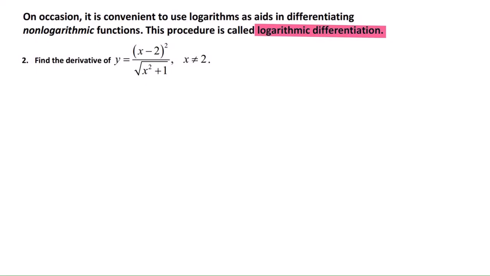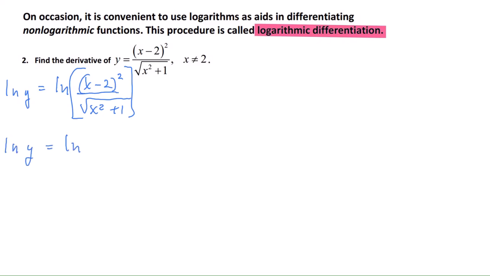Looking at number 2, I know I could use the quotient rule to get the derivative of this, but let's try what's called logarithmic differentiation. It's going to be an adventure, I promise. So the first thing I do is I take the natural log of both sides. On the right, I've got the natural log of a division problem.